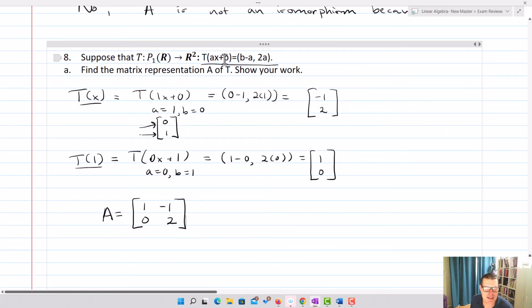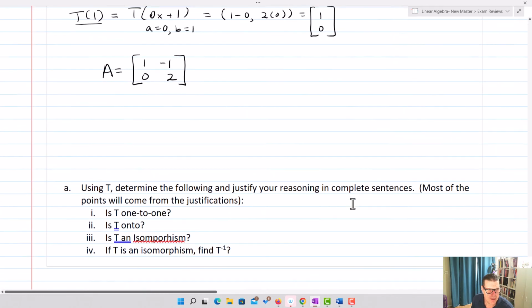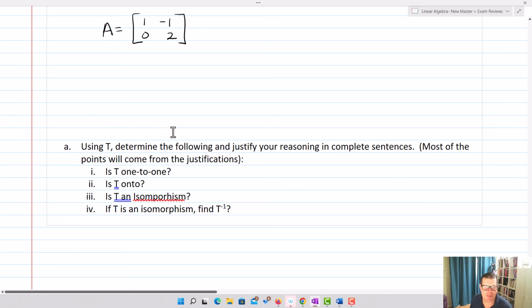Okay, so basically all we've got to do is know what our standard basis is, be able to translate our linear transformation, and then generate our vectors in the new space using the transformation. And there's our vectors. Now, using T, determine the following and justify your reasoning in complete sentences.